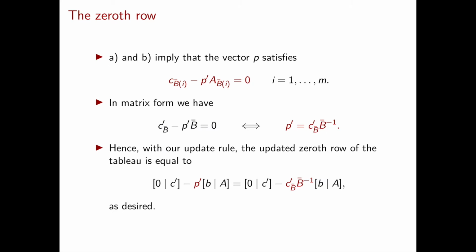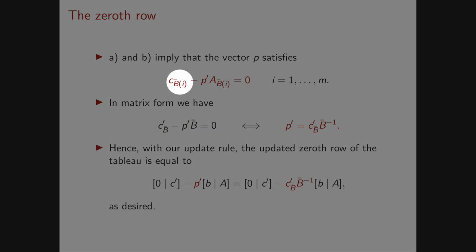So now we're ready to put together the results of our cases A and B. Putting together all the equations obtained in these two cases, we have that C B bar I minus P transpose A B bar I equal to 0 in any case, so for I equal 1 until m.